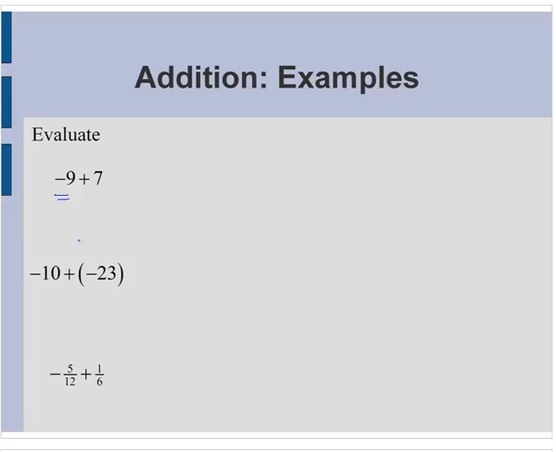The absolute value of 7 is 7. 9 is larger than 7, so I know that the sum will be negative. Now I need to find the difference between the two numbers. Putting the larger number first, 9 subtract 7 is 2, and the opposite of 2 is -2. So -9 add 7 is -2.